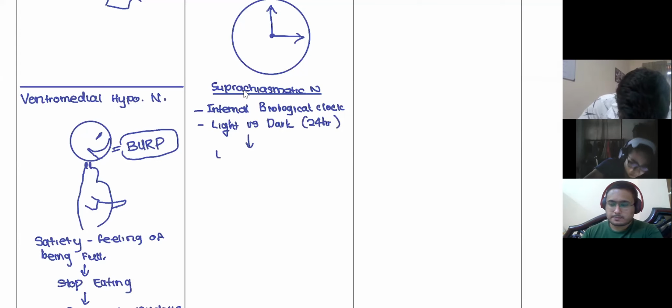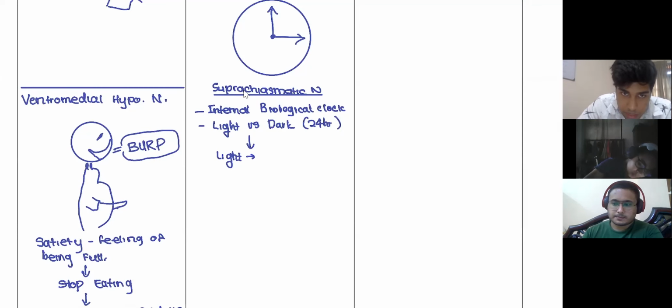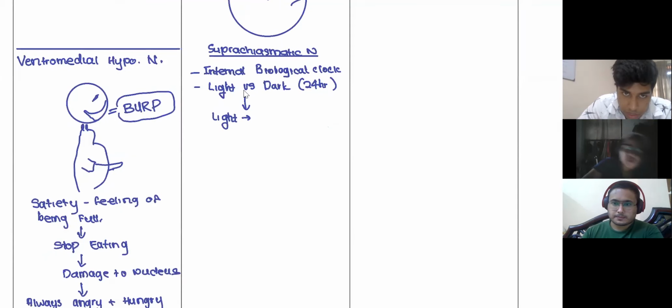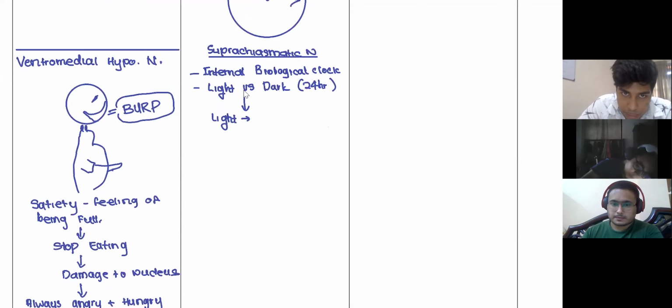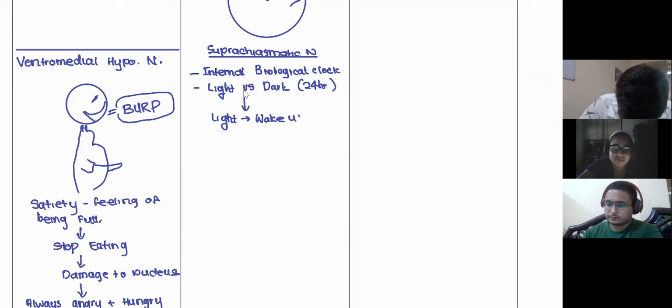So when it is light out, it causes the pineal body to suppress its secretion. The pineal body will stop secreting melatonin, and it will cause you to wake up. When it is dark outside, it makes you feel sleepy.